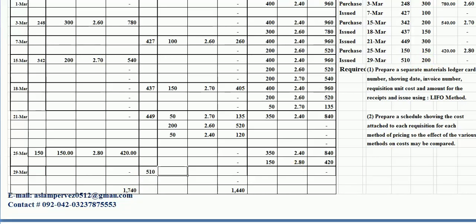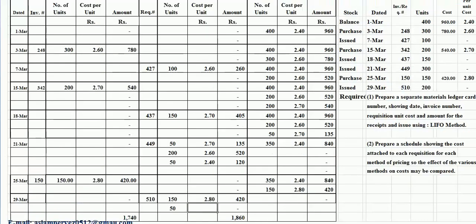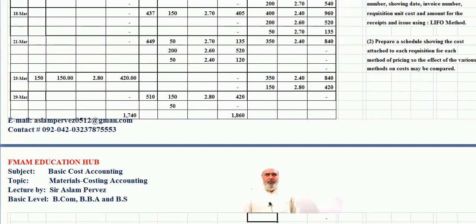And in our last purchase there are only 150 units available, but we need 200 units. First, we have to take 150 units from the last purchase here at 2.80, and the remaining 50 units from the first purchase. The rate is 2.40 here. The remaining balance is 300 units. The rate is 2.40 here.